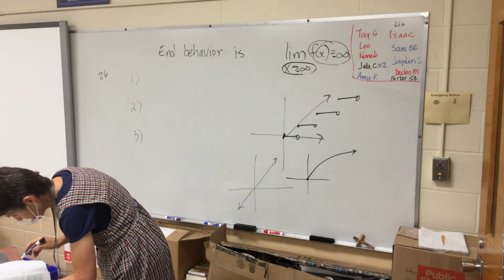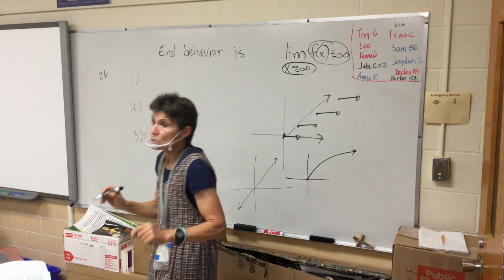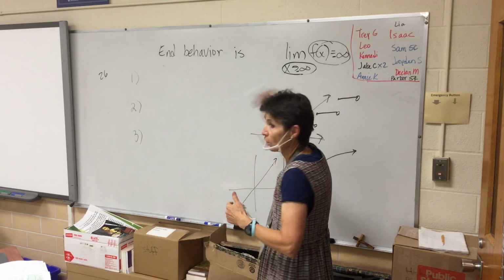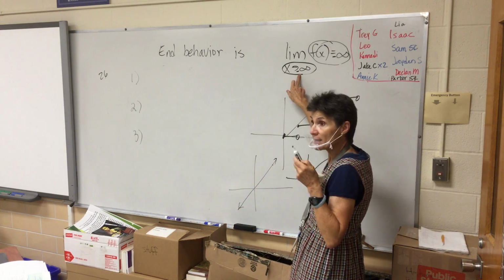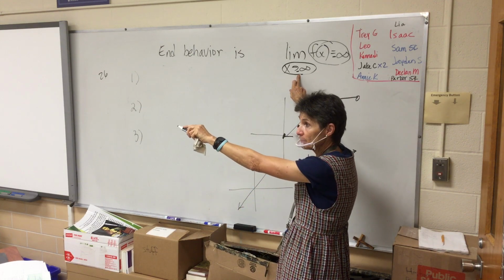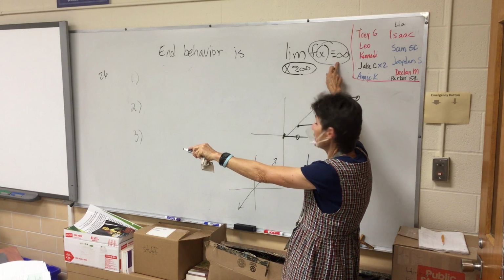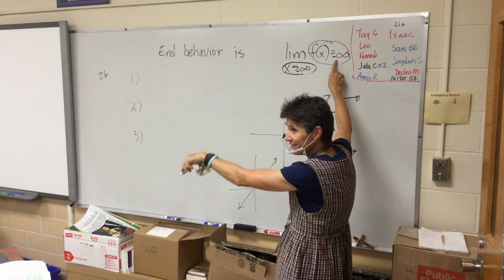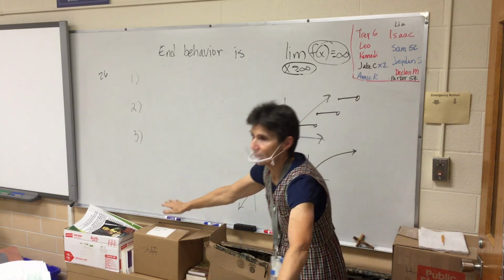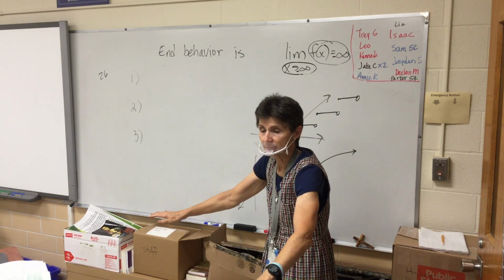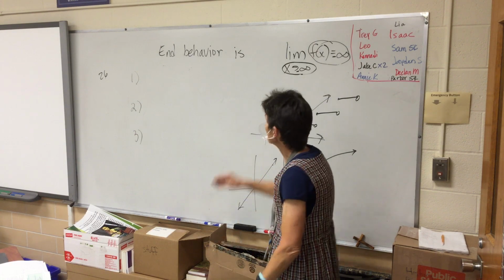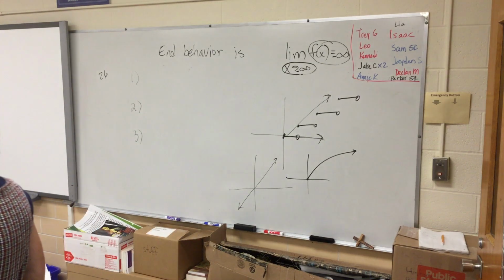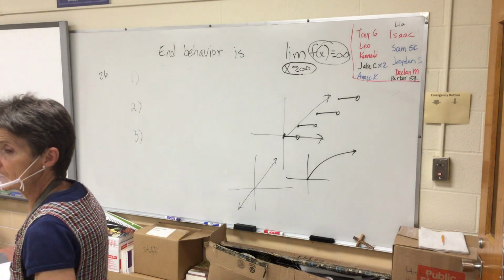So what that means, in regular talk, not math talk, is as I go left, that's a negative there, as I go left, I am going down forever. No stopping. So can you think of 3 functions that do that? As you go left, you go down forever and ever and ever.